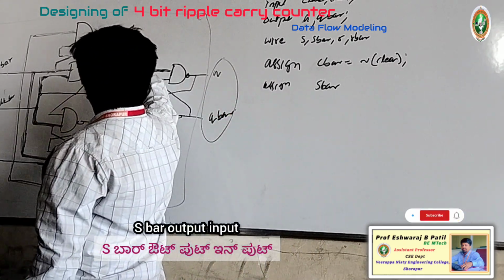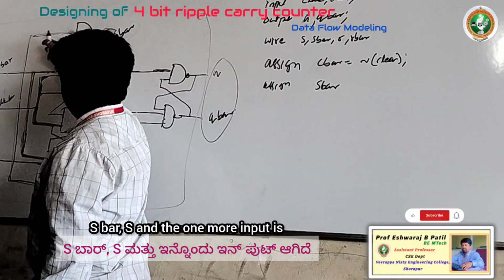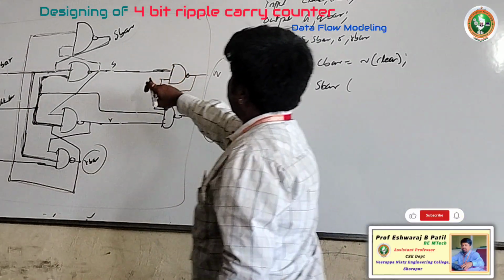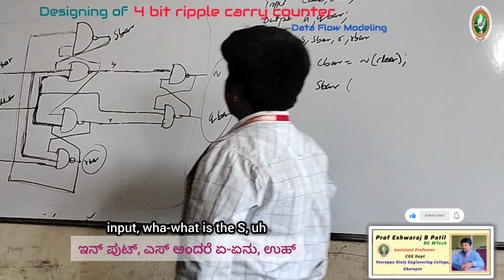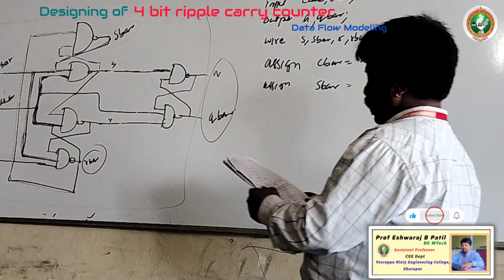Take the S bar output. What input do we give for this? S bar, S, and one more input, R bar. First you find the input. What is the S bar output for this one? It is a NAND gate.